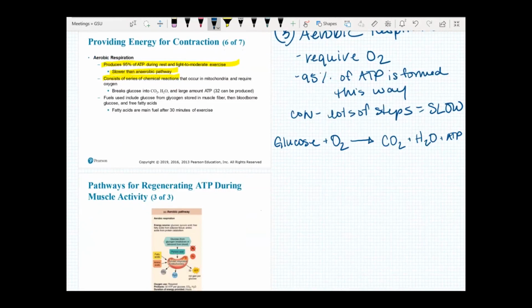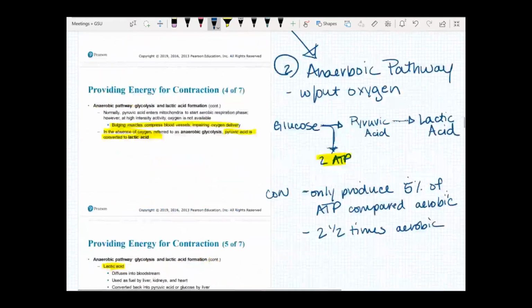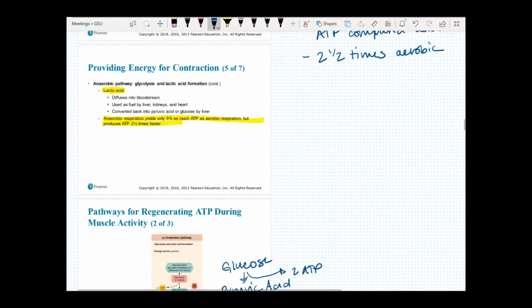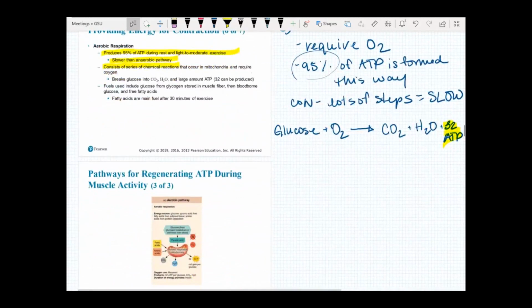That's great that you'll actually end up with this ATP. However, you're not just going to get 1 ATP. You are going to get 32 ATP. This is where you make 95%, because this one makes 32 ATP, where this one only made 2 ATP. So that's what's happening here.